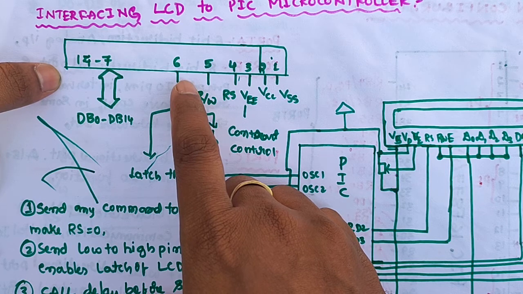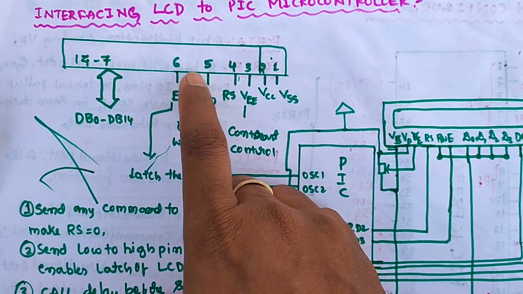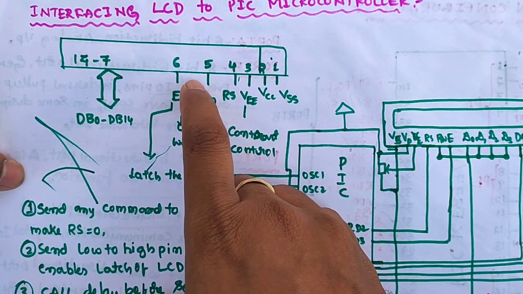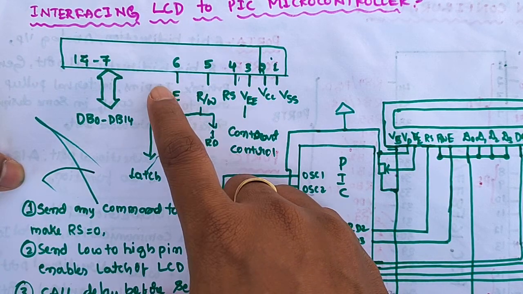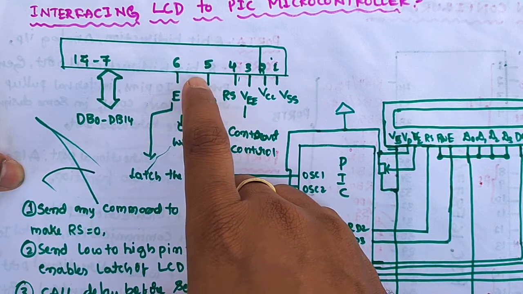Different variants can be found in the market, but here I am discussing the 14 pin liquid crystal display that is connected to the PIC microcontroller or any 8051 microcontroller.